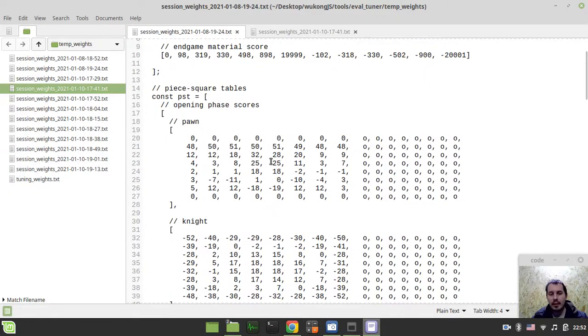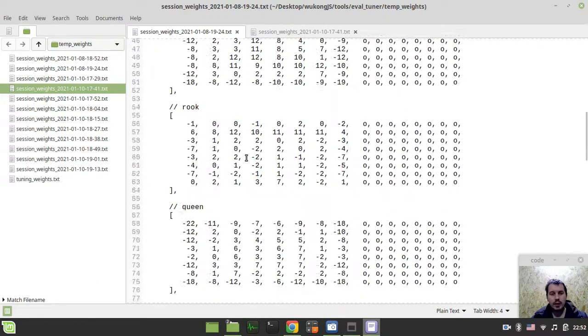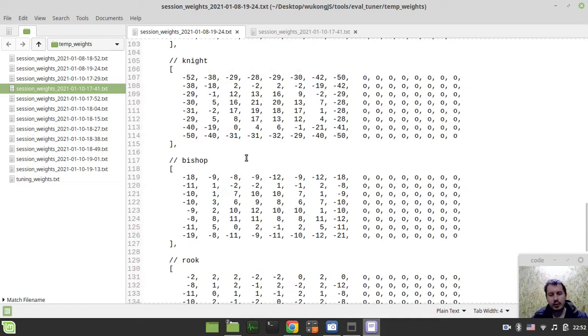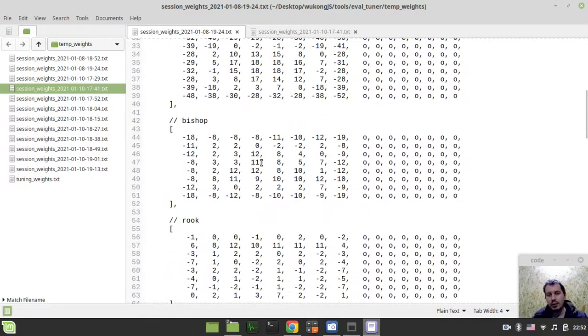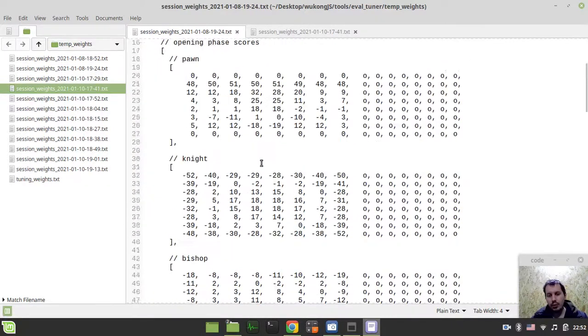As you can probably see, I'm using tapered evaluation, interpolating values between the opening and the endgame, as described before. But what's new here?